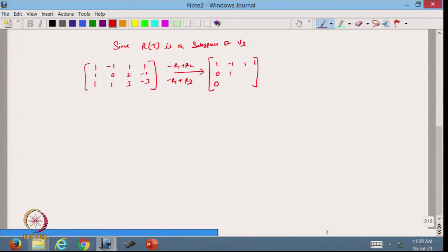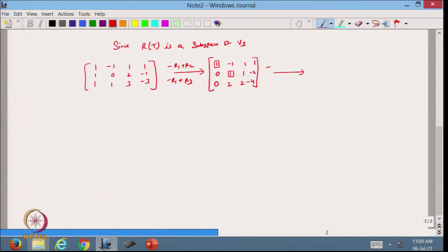So, it will be -1 plus 2, it is 1, and -1 minus 2 it is -1, and 1 plus 1 is 2, -1 plus 3 is 2, and -1 minus 3 is -4. So, I am getting this value. Now, this is my pivot element, this is my pivot element.